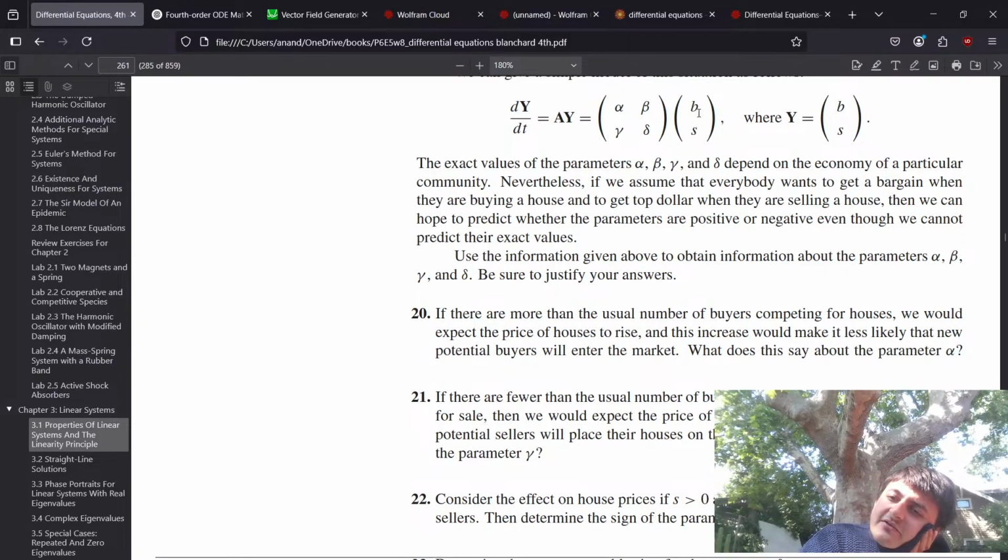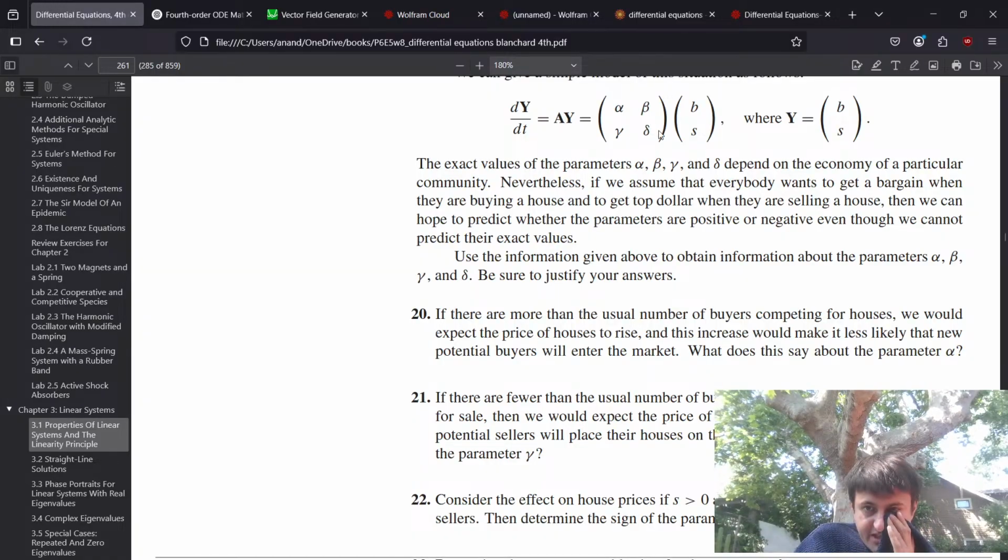So s is negative, then the growth is going to be really high. So delta is negative.